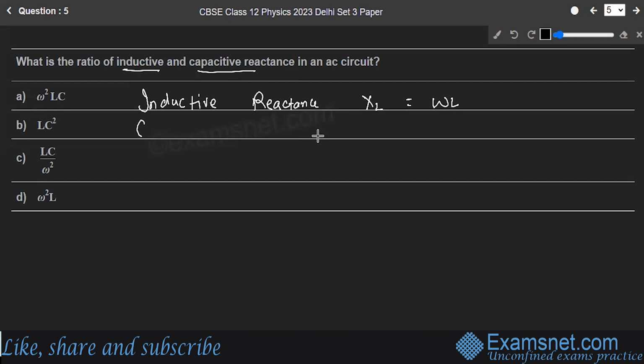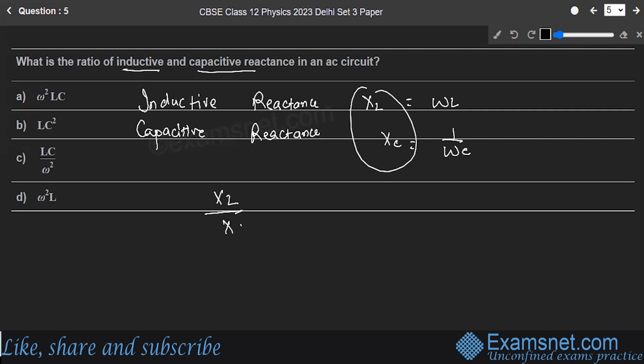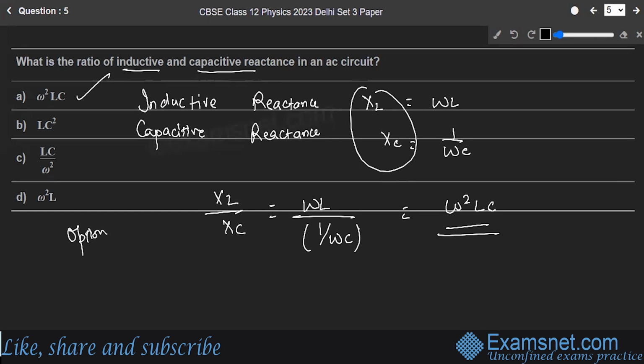The capacitive reactance XC is equal to 1 upon omega C. Dividing both of them, XL upon XC is equal to omega L upon 1 upon omega C. This will be equal to omega square L into C. That is your first option. Hope you are clear with this.